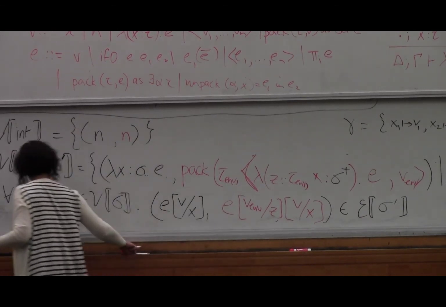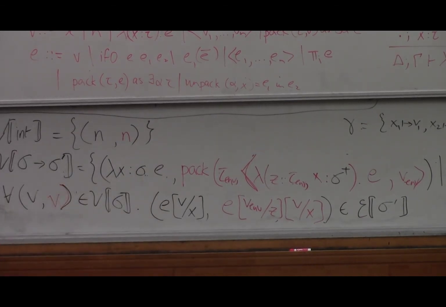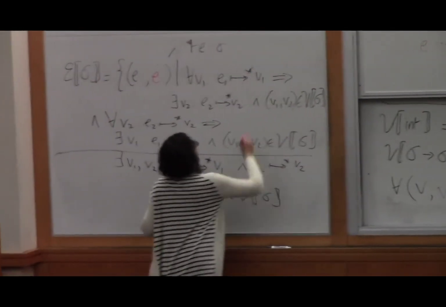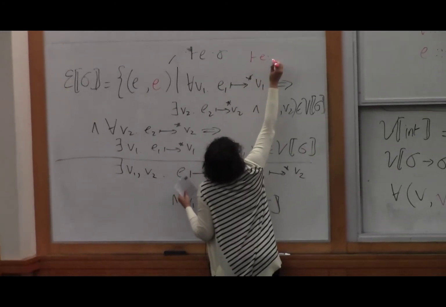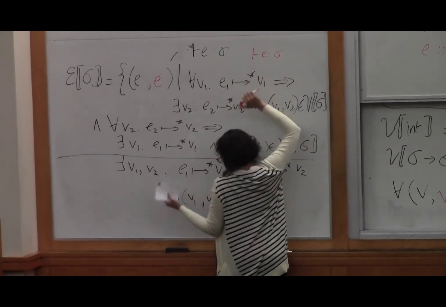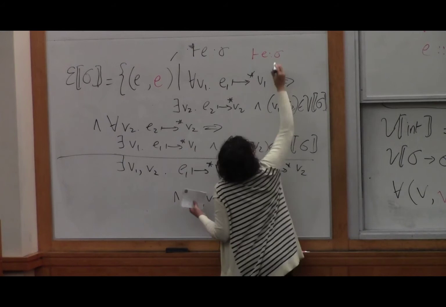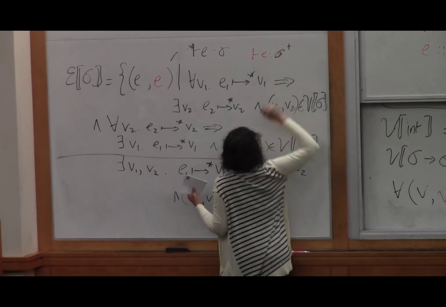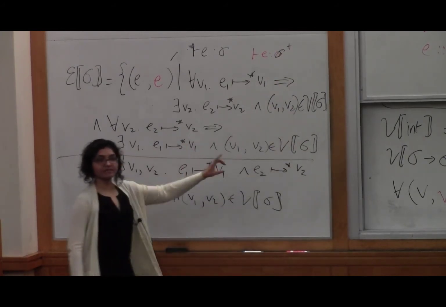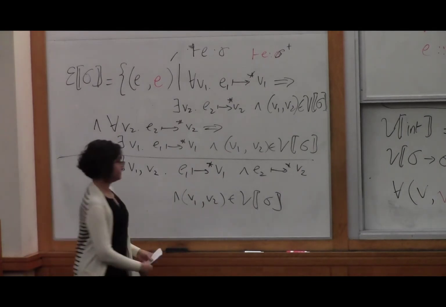Let's edit this. Is it going to be easy or hard? When are two expressions related? One is the source and one is the target. This one, black E, has type sigma. Our red E has type sigma plus. Maintaining the same invariant that we've had throughout.